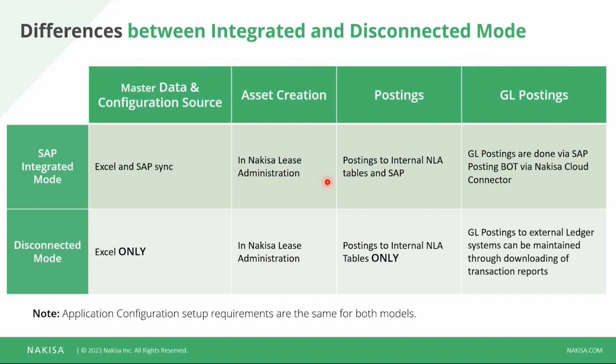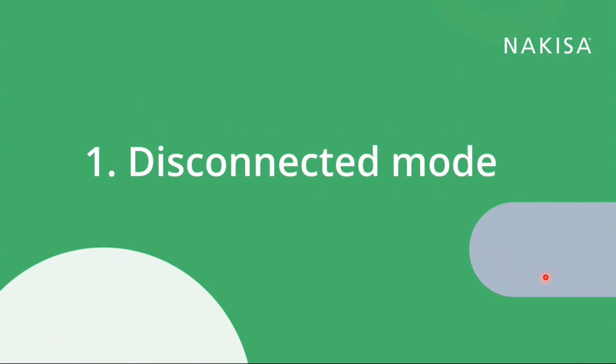The posting can be online real time or through our SAP posting bot technology that takes all the internally posted journals and takes them into SAP. In a disconnected environment, everything we have is going to be internal.